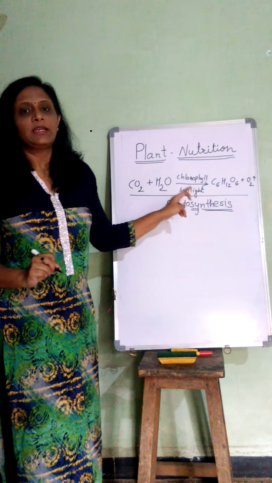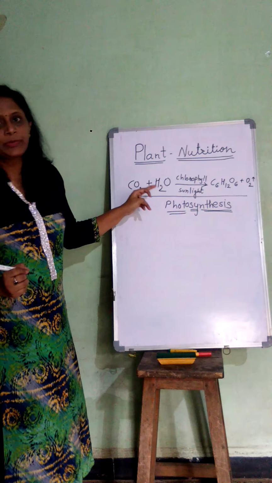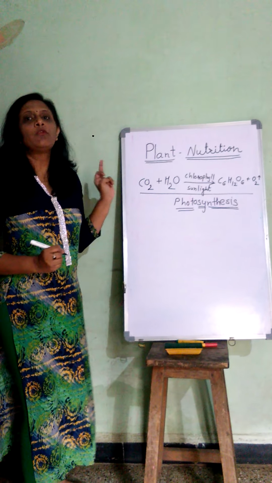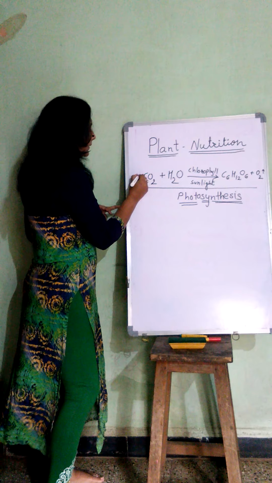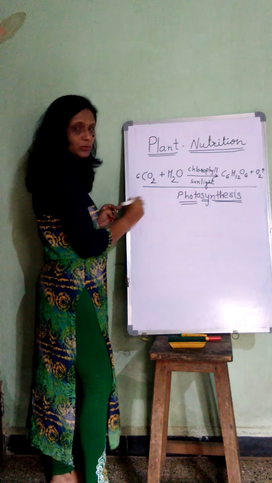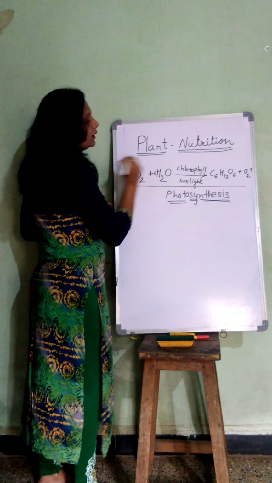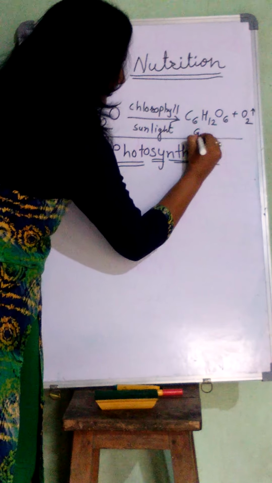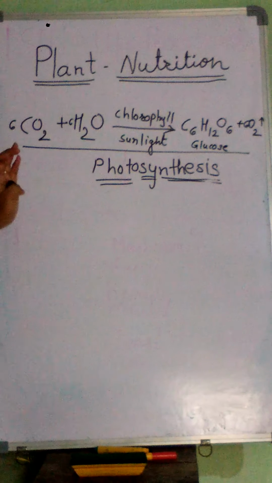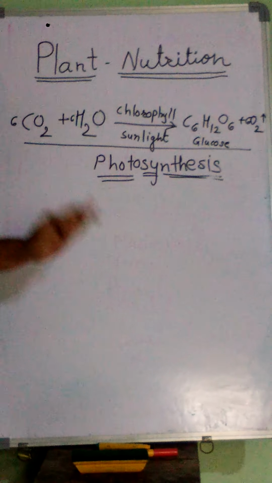This process is called photosynthesis. We can balance this equation also: 6CO2 plus 6H2O gives 1 molecule of glucose, and 6 molecules of oxygen are released out.